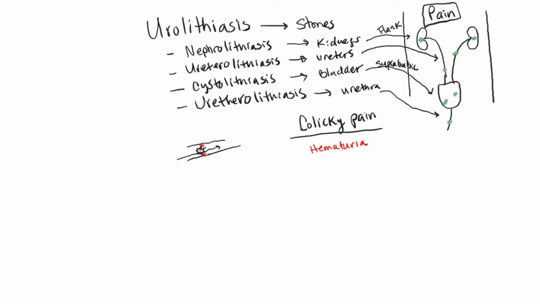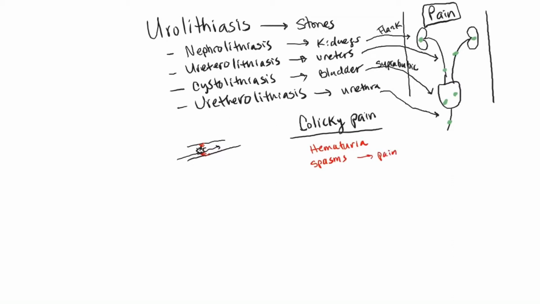There's also going to be spasms, because as the stones are passing through the mucous membrane of any of these structures, whether it's the urethra, the ureters, the bladder, or inside the kidney, it's going to irritate the tissues, and you find muscles underneath the mucous membranes, and that's going to cause spasms. That's where the pain is associated. Spasms, pain.